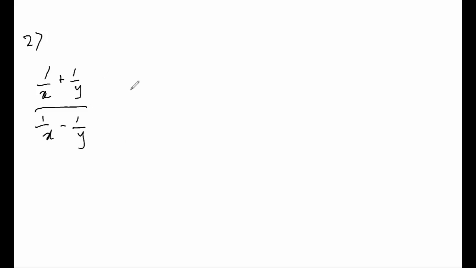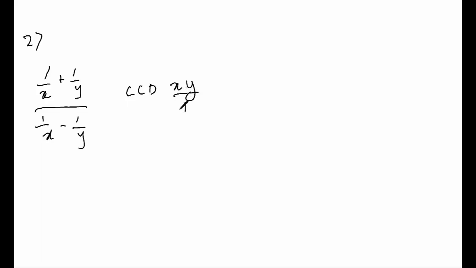Well, we can see that the lowest common denominator is xy. So what we're going to do is we're going to multiply each of these terms by xy over 1 to keep things tidy.